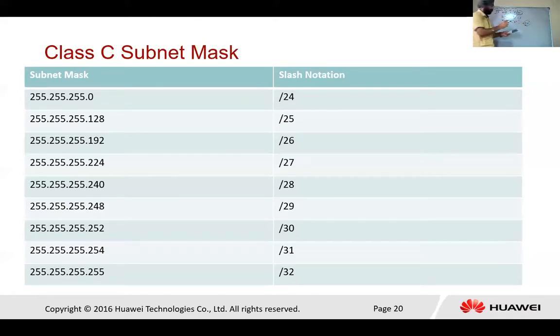What is the range of these IP addresses? The range is 192.168.1.0 to 192.168.1.63. This is a total of 64 addresses in a single group, and this is the range of IP addresses. So this is our first block.